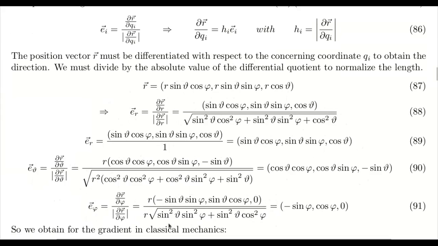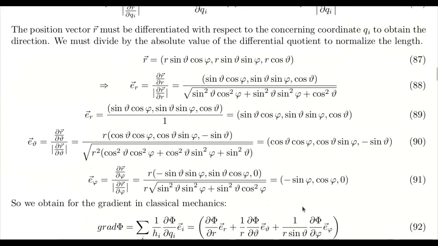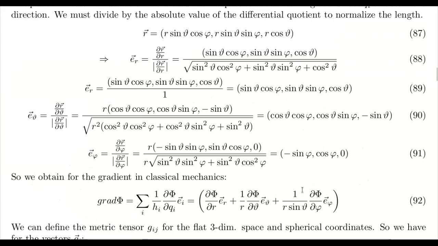And then the square root of sine square is only one sine factor, sine theta. And so we can cancel out another sine factor in the numerator. So we have only minus sine phi and cosine phi and 0 as the components of the unit vector e phi here.